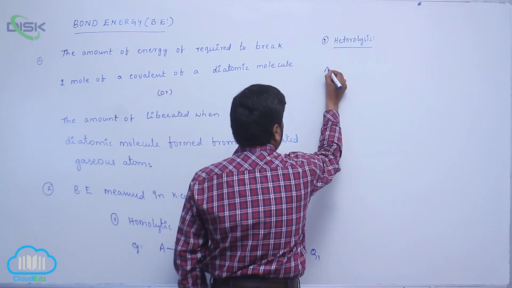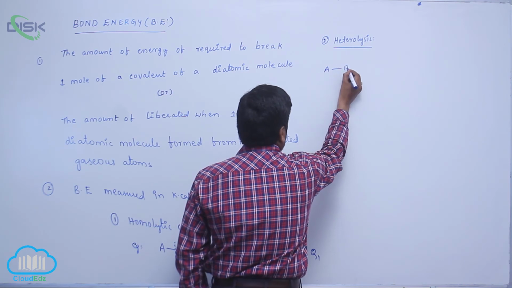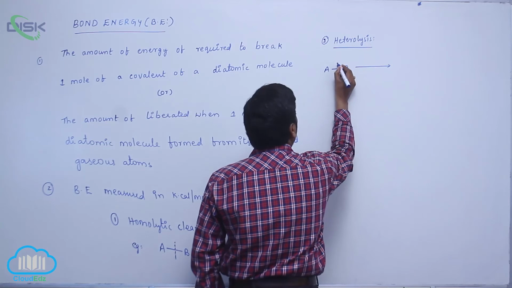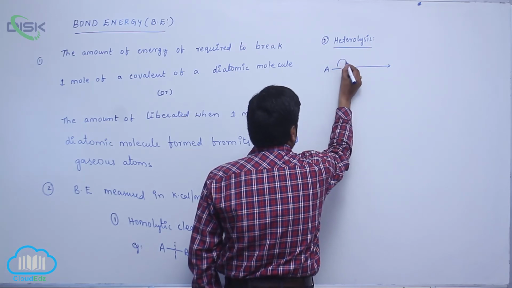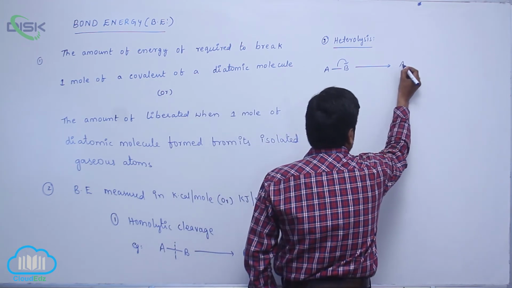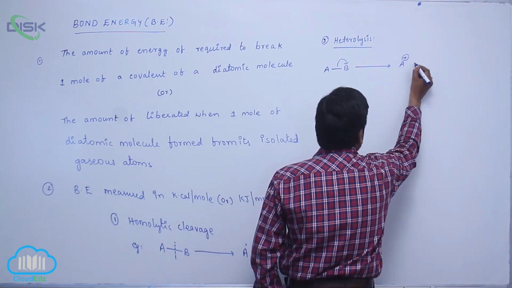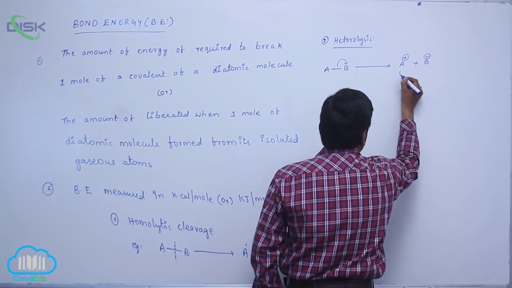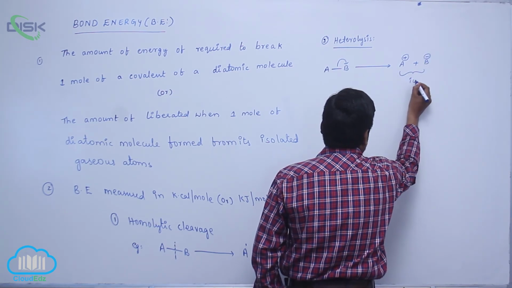For example, this is an AB bond. The bond electrons are shifted to one atom. So A carries a positive charge, B carries which charge? Negative charge. So these two are known as what? Ions.